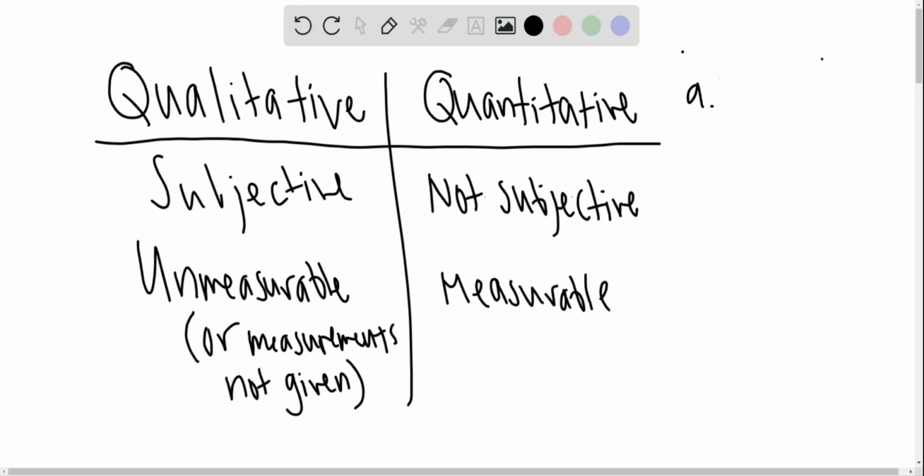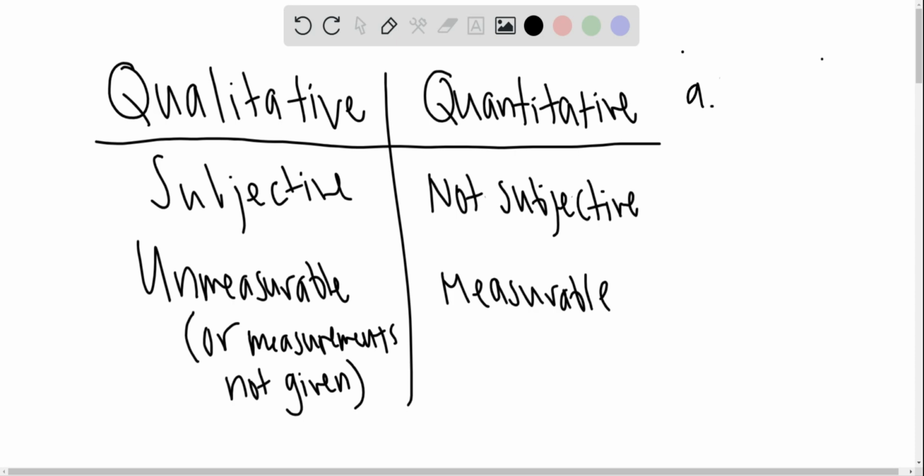So this is a kind of a special case. There are qualitative statements where you could see the components being able to be measured, but if the measurements aren't given, then it's still qualitative. So I'll give an example here. Let's say I scored more points in a basketball game than my friend did.